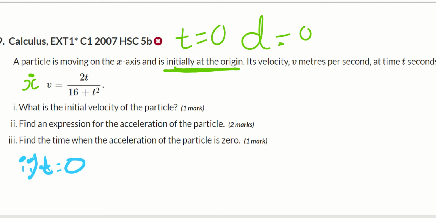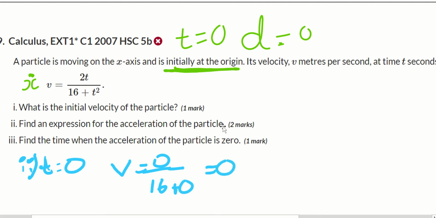Subbing in t equals 0, I get v equals 0 over 16 plus 0, which gives me 0. It's a worded question, so I would write a worded answer: therefore, the initial velocity of the particle is 0 meters per second. Make sure you put meters per second in your answer. Worded question, worded answer.